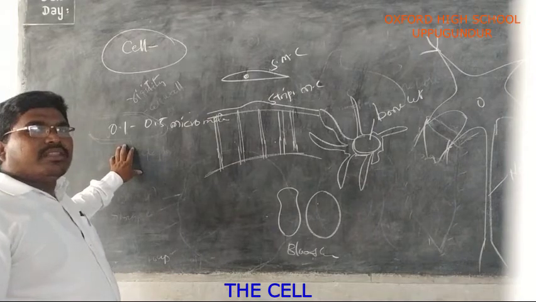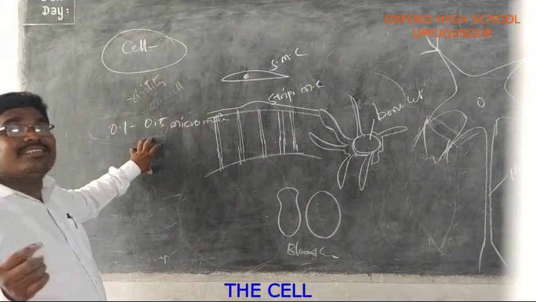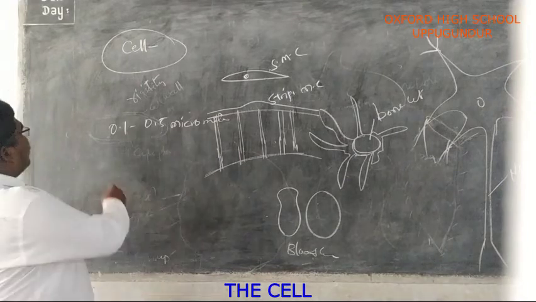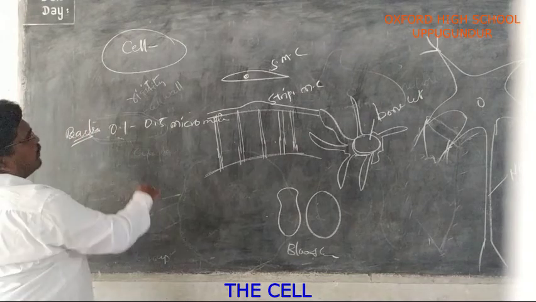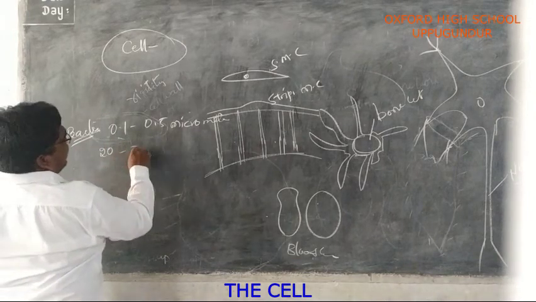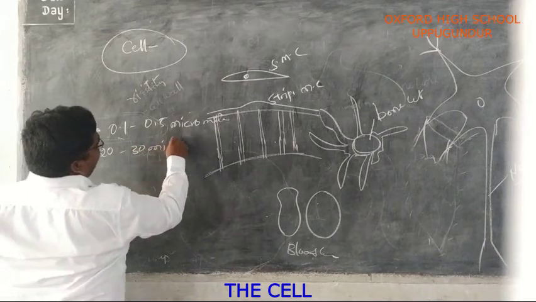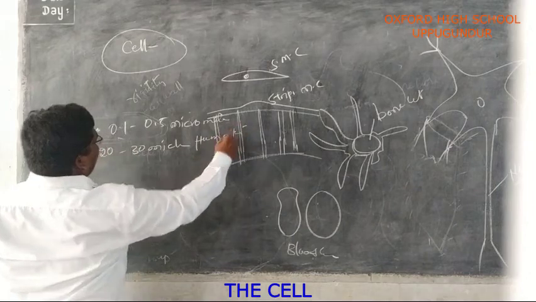Some of the cells are too small and some are as long as a few centimeters. The cells of bacteria are 0.1 to 0.5 micrometers, and human kidney and liver cells are 20 to 30 micrometers.